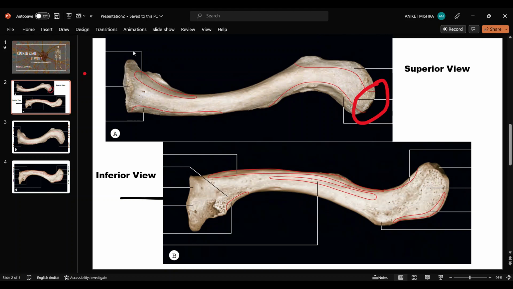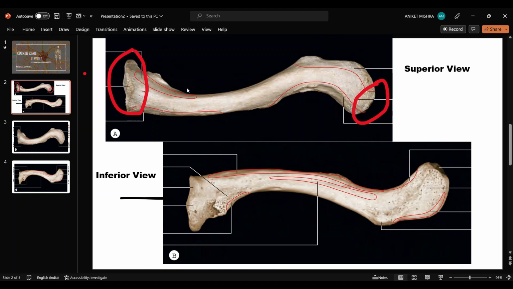Whereas the medial end, or the sternal end, is enlarged and articulates with the clavicular notch of the manubrium sterni and the first costal cartilage.